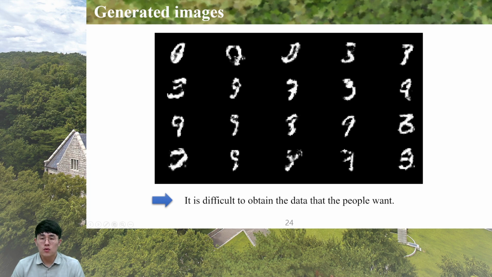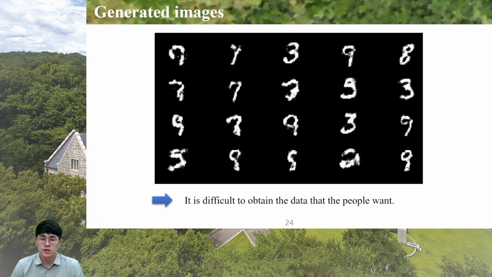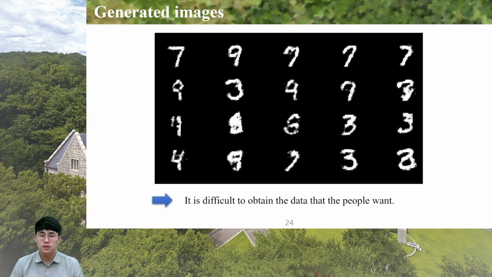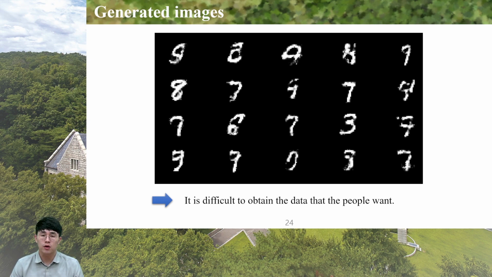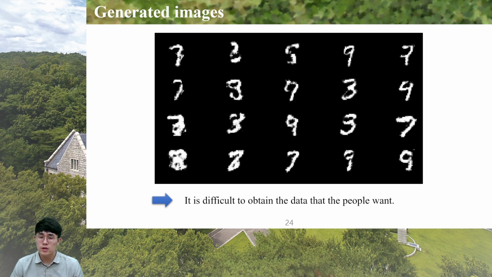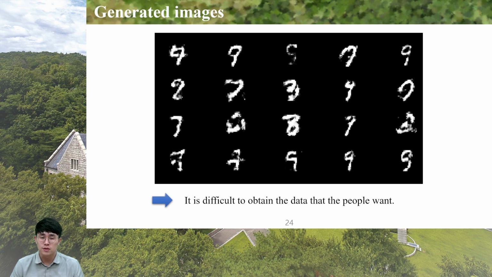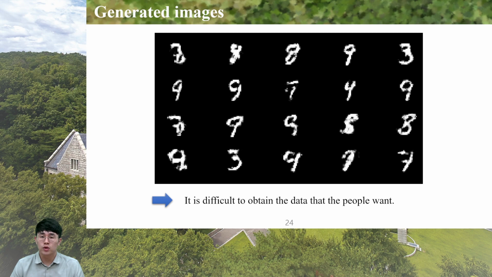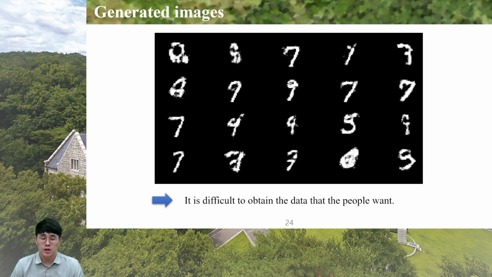The image below is a list of images generated by inputting 20 numbers into a trained generator. The results show that each time you create an image, it is different. This means that obtaining the information we require is difficult.